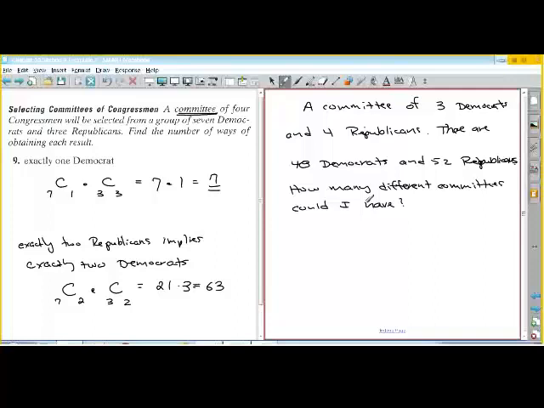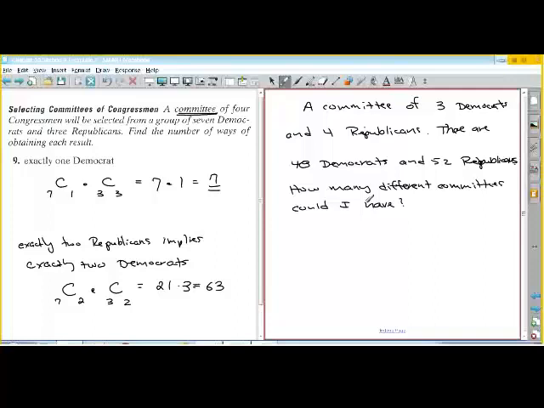I've got 48 Democrats. I've got 3 spots for Democrats. So that's my first step, is to pick Democrats to go on the committee. Then I have 52 Republicans. I need 4 Republicans. Because it's committees, I know to use combinations.